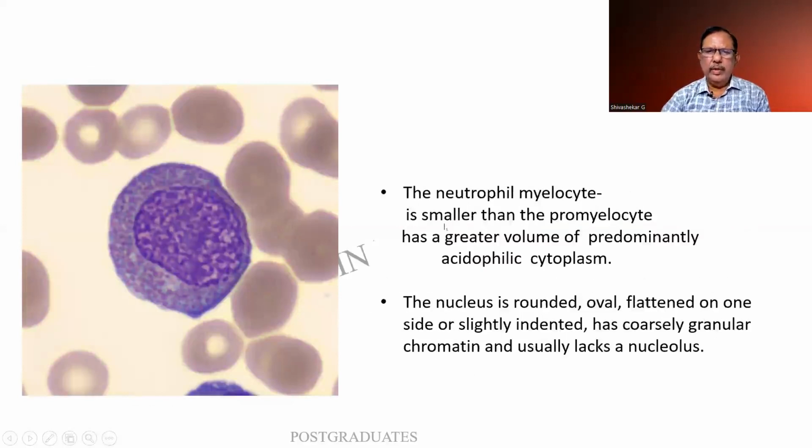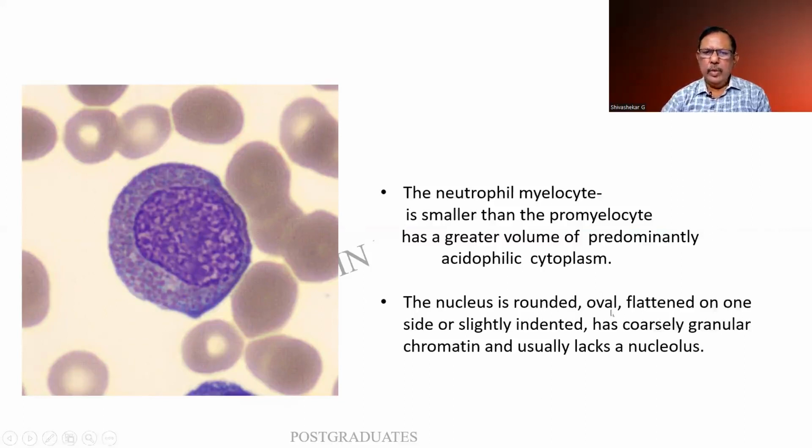A neutrophilic myelocyte, smaller than the promyelocyte, and it has a more acidophilic cytoplasm. And here there is an admixture of the primary and secondary. The secondary granules gradually take over. So what I am trying to say is I can have an eosinophilic myelocyte, basophilic myelocyte, or a neutrophilic myelocyte.